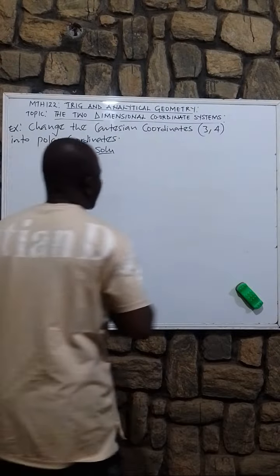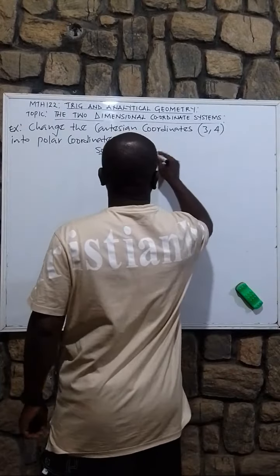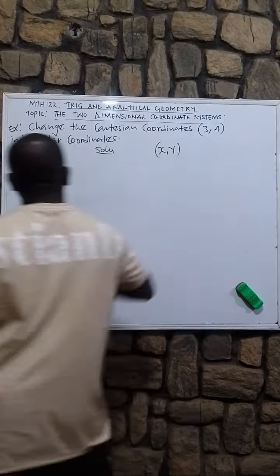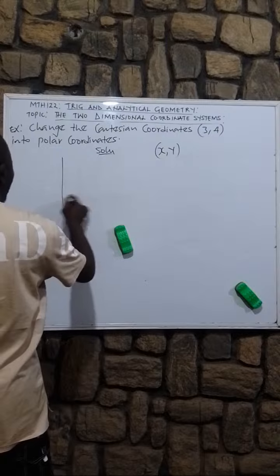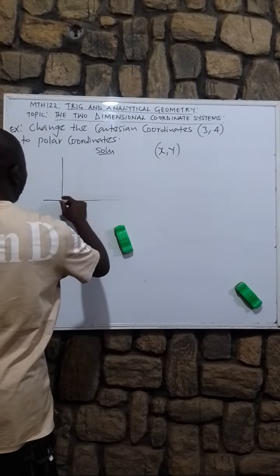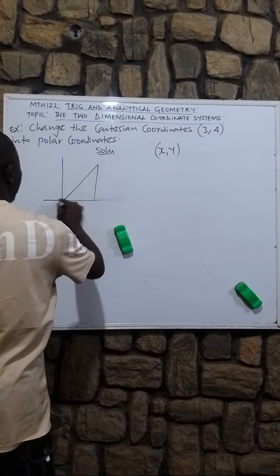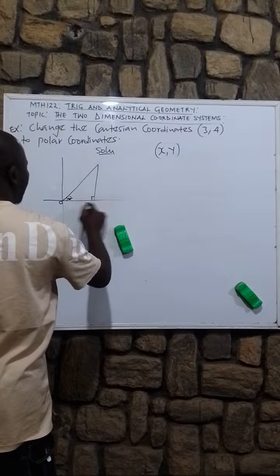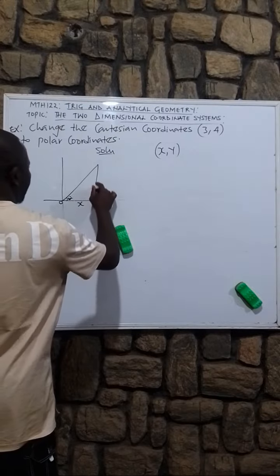I mentioned to you that the Cartesian coordinate is x, y, true or false. So let us have a plane diagram. Then we have this: this is the origin, theta, a right triangle. Here is x.